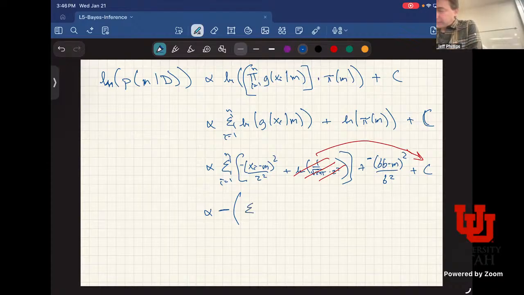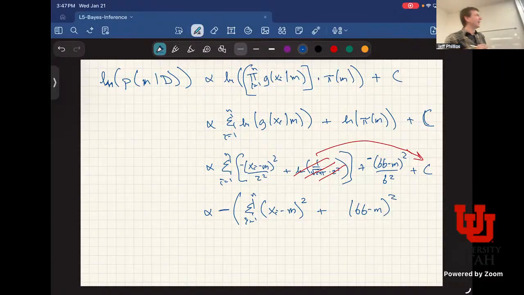Let me just write it this way: the sum from i equals 1 to n of xi minus m squared plus this term, 66 minus m squared. And I have to worry about those things I divided through by.